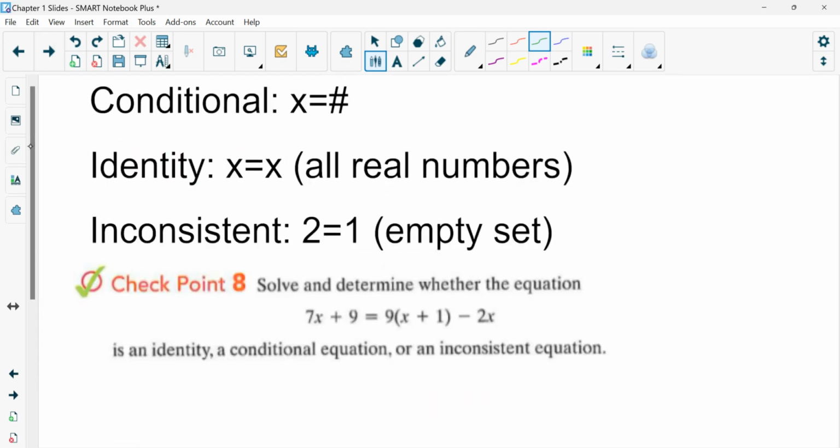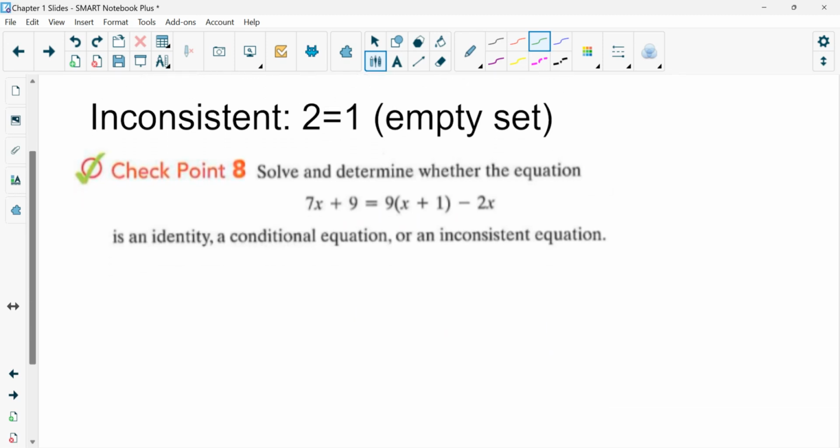All right, one more. So same directions. We're solving that, and then we're deciding if it's identity, conditional, or inconsistent. I'll give you a second to write that down. All right, then again, we're going to solve for x, so we're distributing the 9.